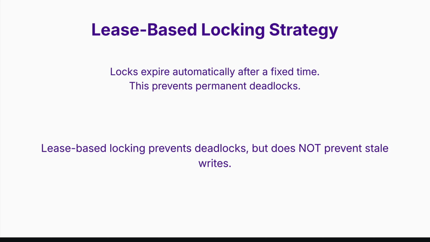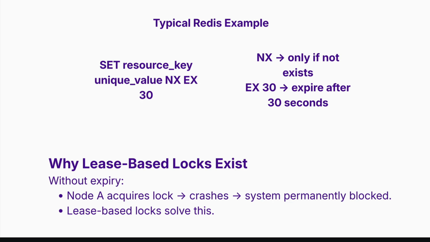No. It ensures that if your node crashes, you are able to recover from it and you don't go into a permanent deadlock. Here the lock expires automatically, and NX stands for if the lock key doesn't exist, then acquire it. And EX stands for the expiry, so expire after 30 seconds.